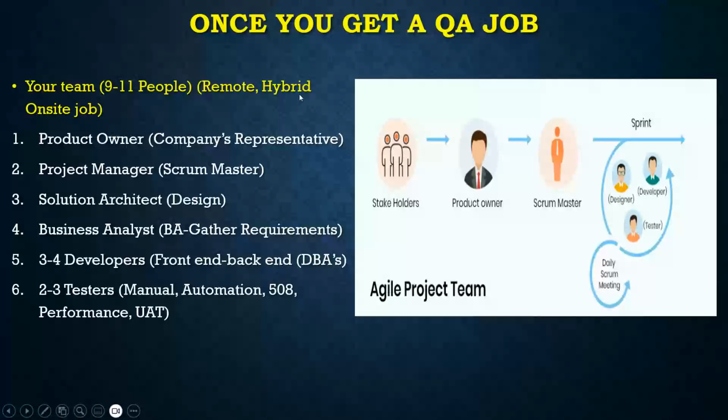Probably your company or your product manager asks you to work 3 days or 2 days from office and 2 to 3 days from home, and that would be called hybrid, or 100% on-site job. You have to travel every day to the company location, and you have to do the job 9 to 5. So in each software team, there are basically 9 to 11 people, and you would be a part of that team.